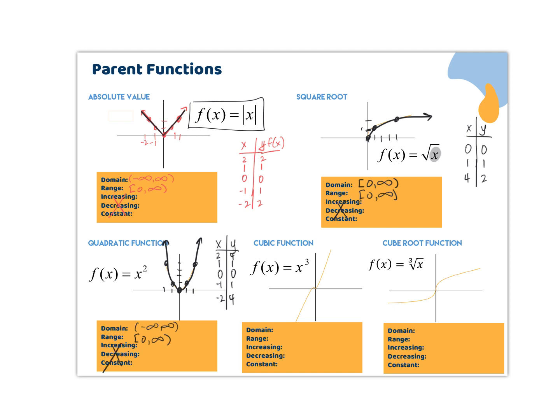Okay. Again, we keep going. We're going to go to our cubic function. Our basic cubic function, it's like a squiggly line. You know, it goes up like that, and then it kind of goes down like that. And again, how does that look? Well, if I was to ask you to plot it and graph it, think of the numbers you might use. You might say 0 cubed is 0, 1 cubed is 1, 2 cubed is 8.